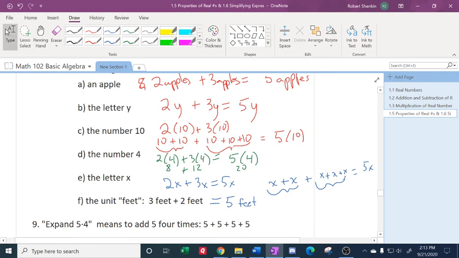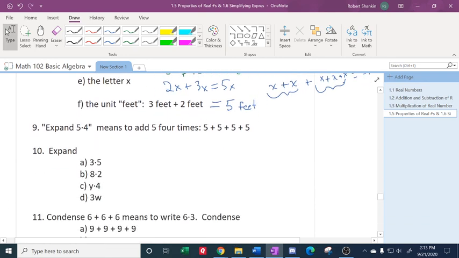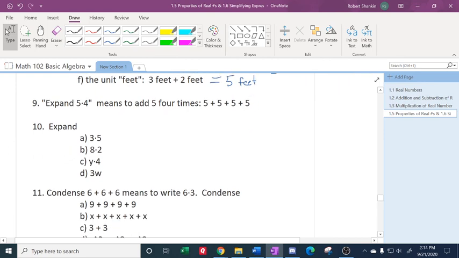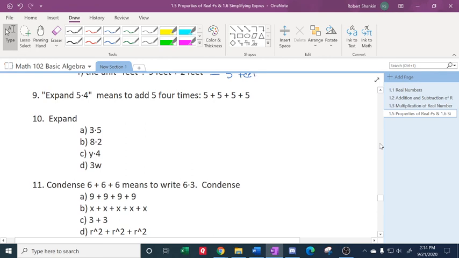Okay, and then expand 5 times 4. It means to add 5 4 times. To expand 3 times 5 means 5 added to itself 3 times. Oops. 8 times 2.